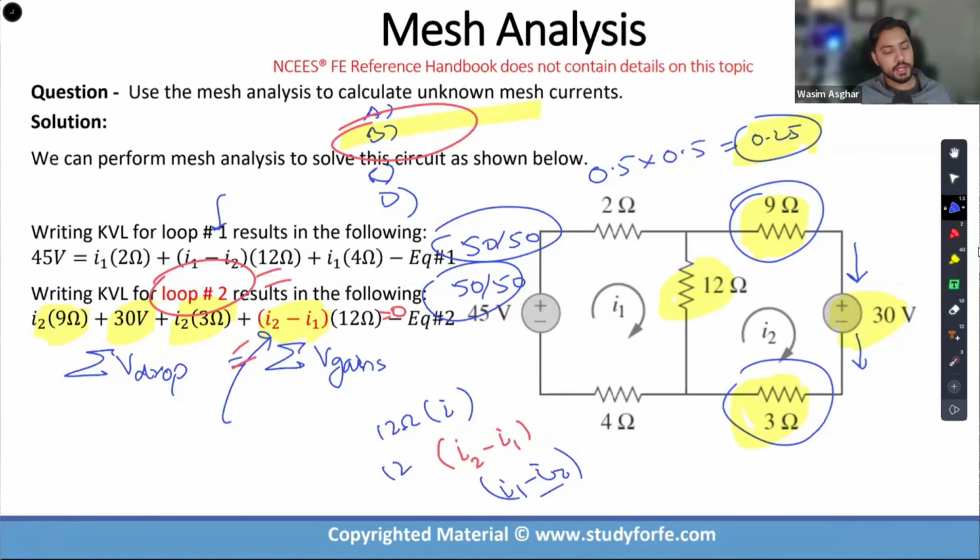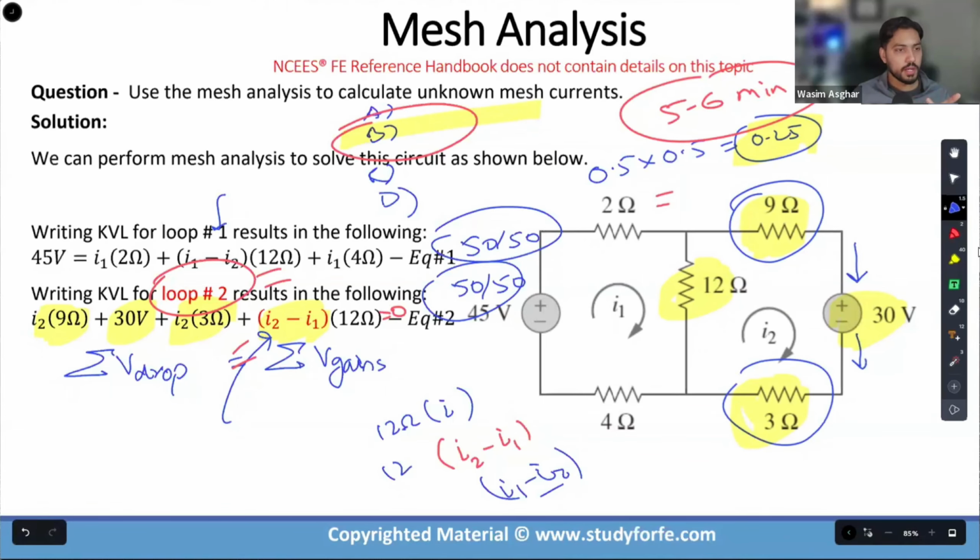So the point is that having partial understanding, and this is why they say sometimes having partial knowledge is more dangerous than not having any knowledge. And this is a perfect example, because if having partial knowledge made you invest 5 to 6 minutes on this problem, because you could do V is equal to IR, basic Ohm's law, and you knew that KVLs had to be written.